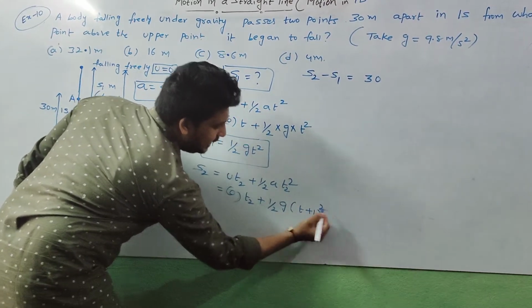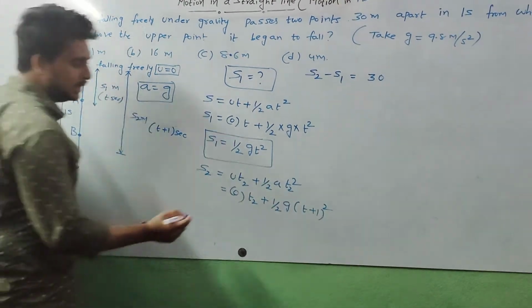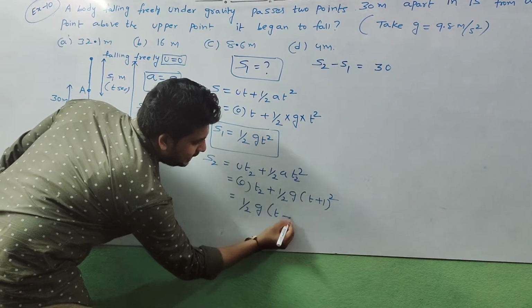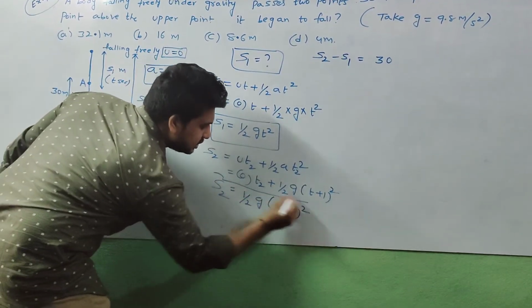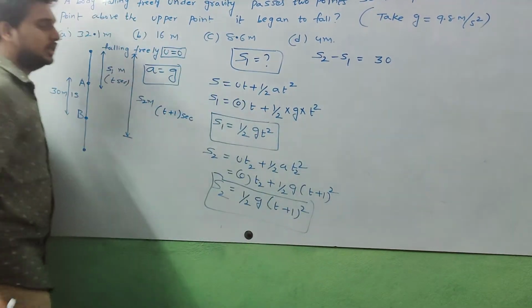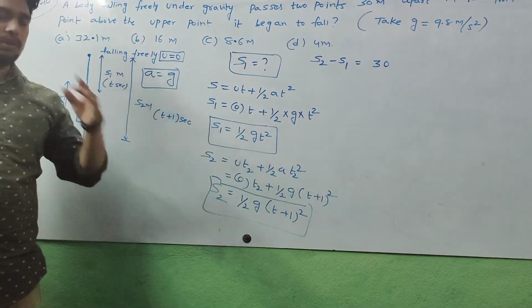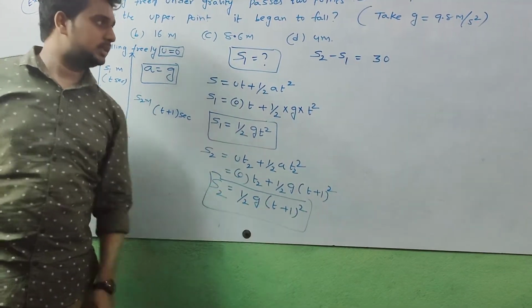This is important: t2 is t plus 1, whole square. So we got half into g into t plus 1 whole square. This is the S2 value. So here S1 is equal to half g t square, and S2 is equal to half g into t plus 1 whole square.